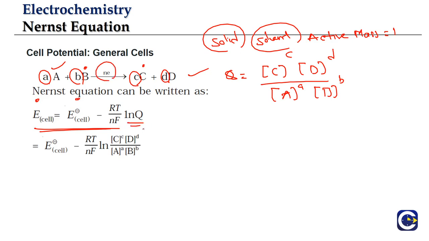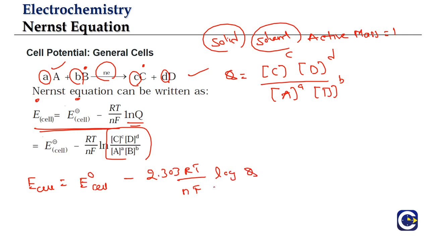Q is C concentration power C, D concentration power D, divided by A concentration power A into B concentration power B. We can convert this natural logarithm into decimal logarithm, so E cell is equal to E naught cell minus 2.303 RT by NF log Q. This way we can write it.